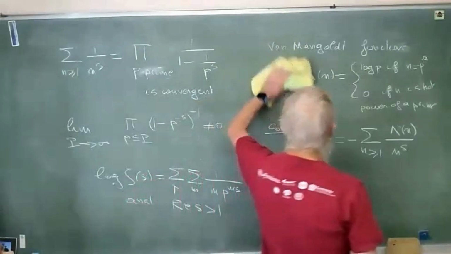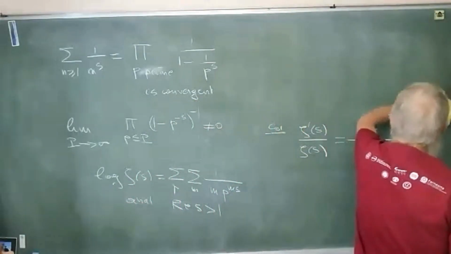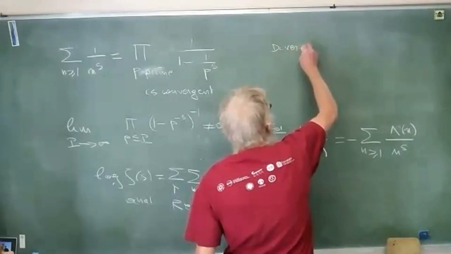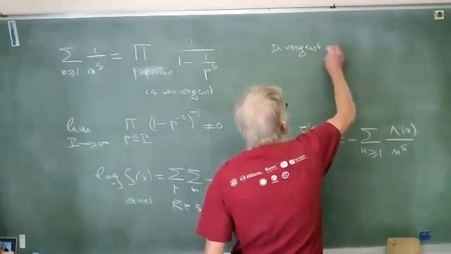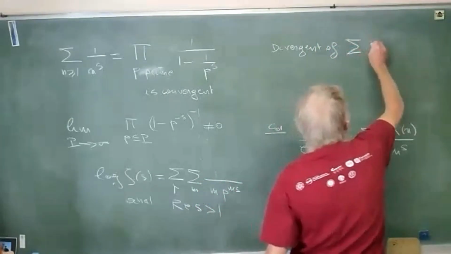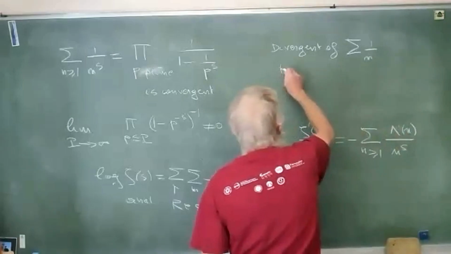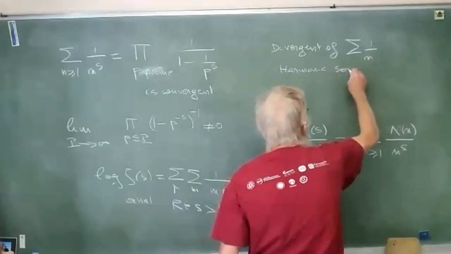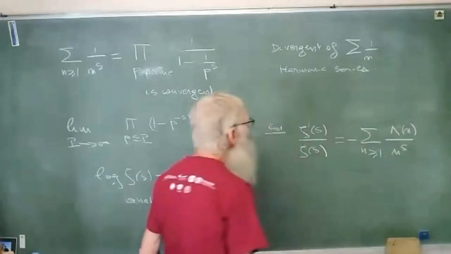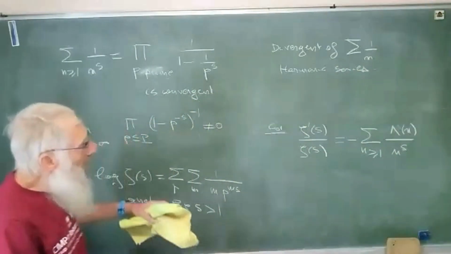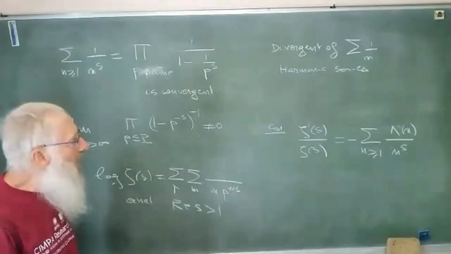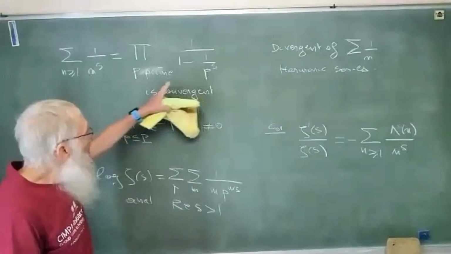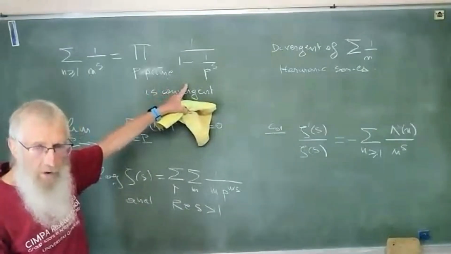And so we use the divergence of the harmonic series, which tends to infinity when n tends to infinity. This proves that for s equal 1, this infinite product is not convergent.